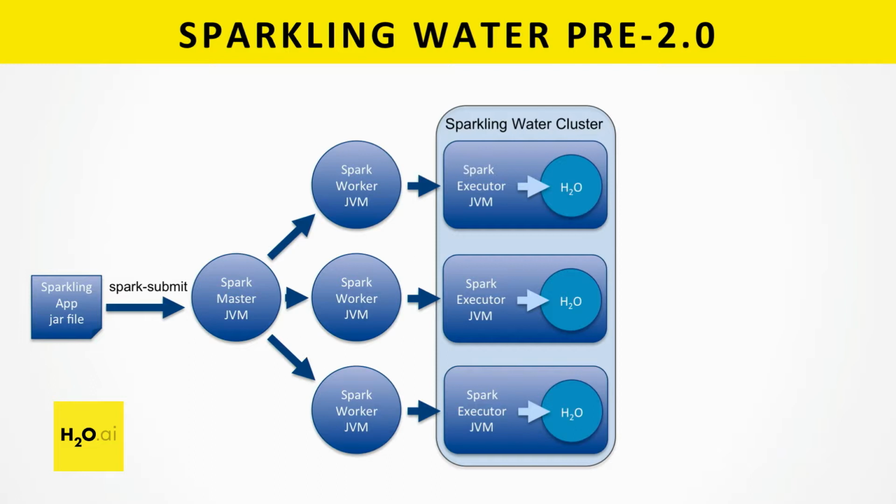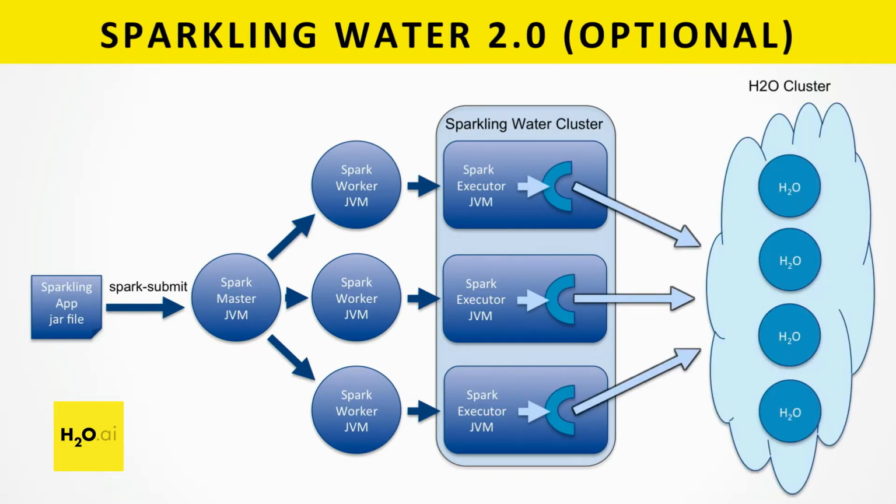So what we've done is have a mode in the next version of Sparkling Water where we can extract that H2O cluster out, start it early, have it be stable, and then have a little stub inside the Spark executor JVM. If those stubs come and go, it doesn't affect the stability of the H2O cluster.